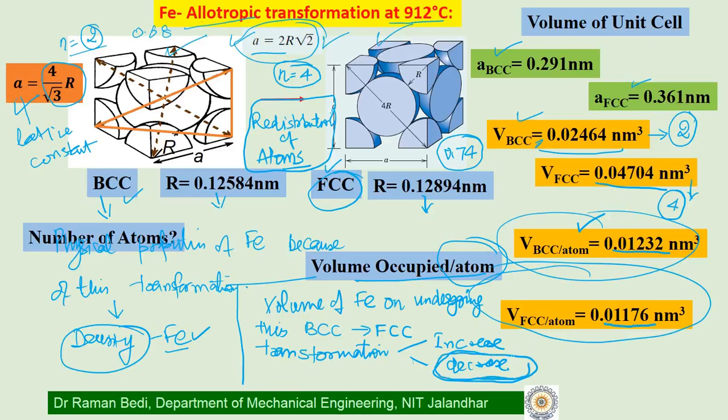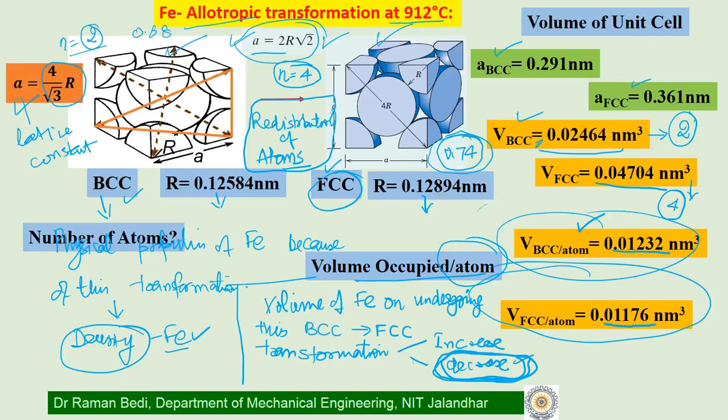So the volume goes less because of one reason, the FCC system is more closely packed. Second reason, the number of atoms in the unit cell of FCC is 4, whereas for BCC it was 2. So it causes a decrease in volume. And so what happens to the density then?